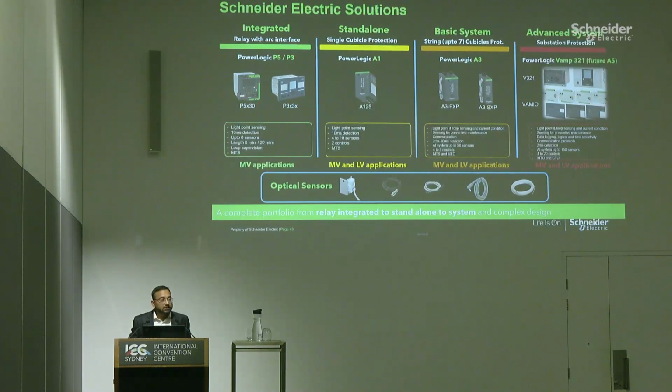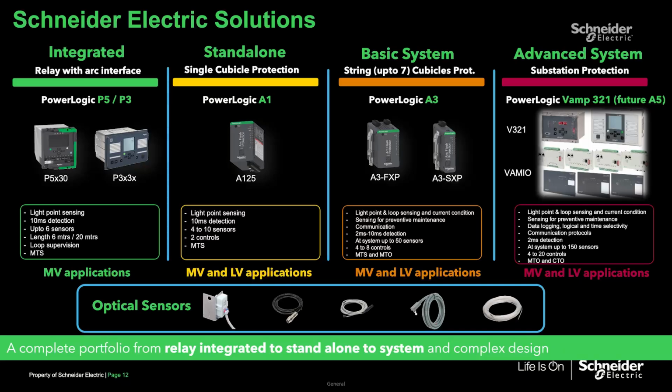And the answer is a good answer, a healthy answer, which is a big spread of offer. Why I'm stressing on a healthy or a big spread of offer is because this is in comparison to what is available in the market. If you see on the left-hand side, the first one is known as the integrated offer. Integrated offer means you have a protection device which gives you all kinds of protections: current, voltage, frequency, all the protections, all the ANSI codes are served.